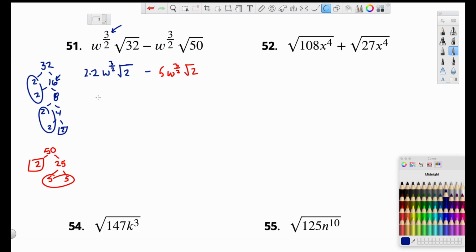And 2 times 2 is 4. So 4 minus 5 is negative 1. So this would be negative 1, or just negative w to the 3 halves root 2. And that is my final solution.